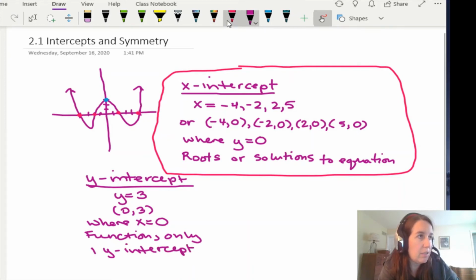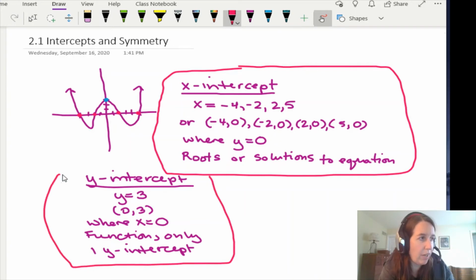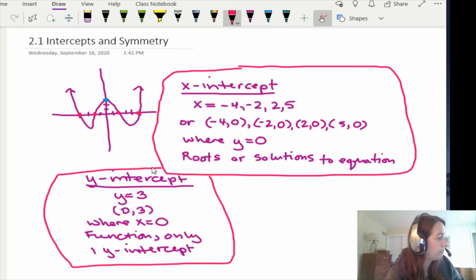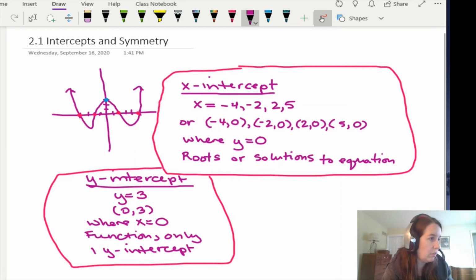All right, so let's take a look at what this looks like with an equation, how we would find the x and y-intercepts with an equation. So for example, the equation y equals x squared minus x minus 6.